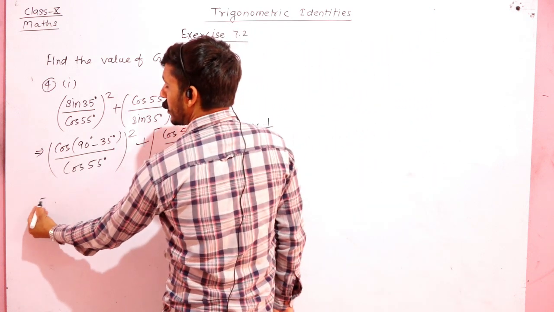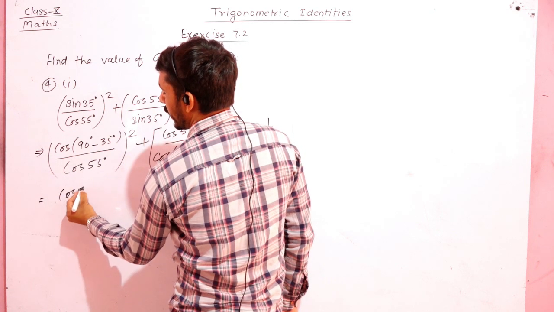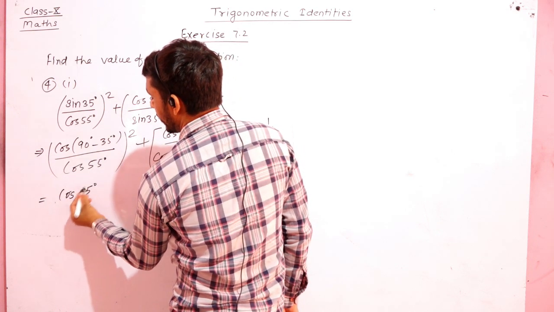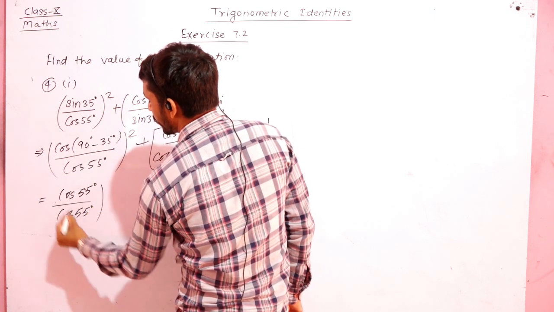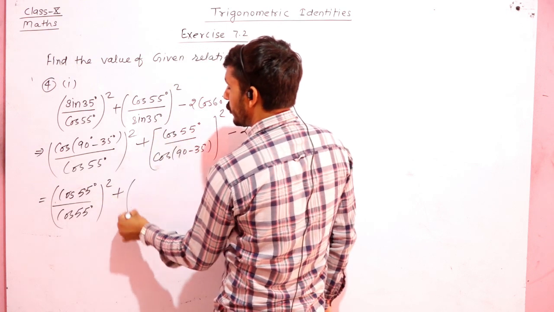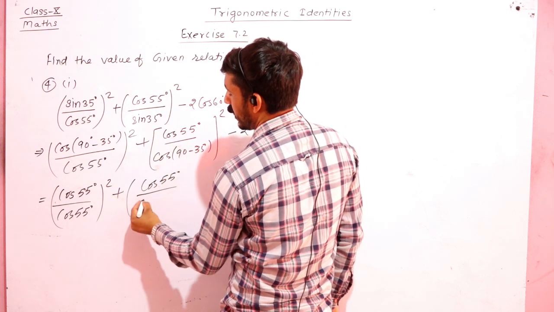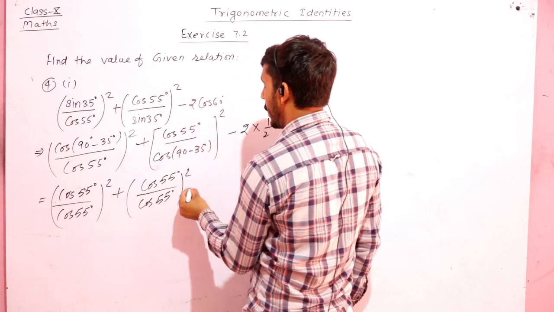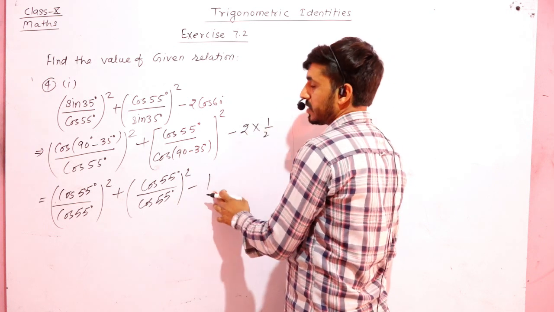So in the next part we can solve this. The value is (cos 55 degree divided by cos 55 degree) whole square, plus here also (cos 55 degree divided by cos 55 degree) whole square, and minus 2 into 1 by 2, that is equal to 1.